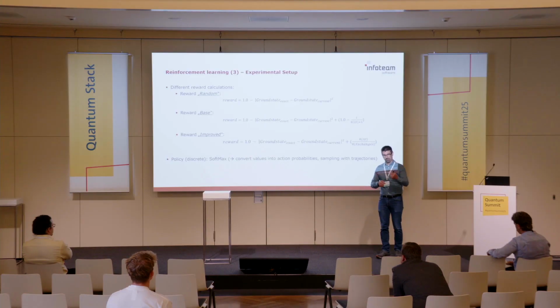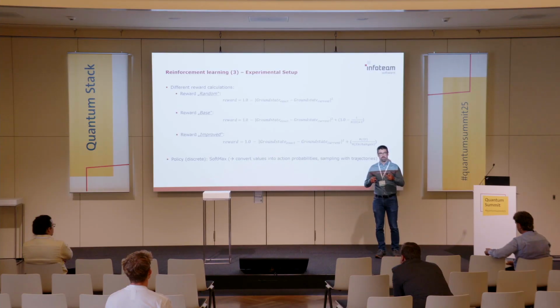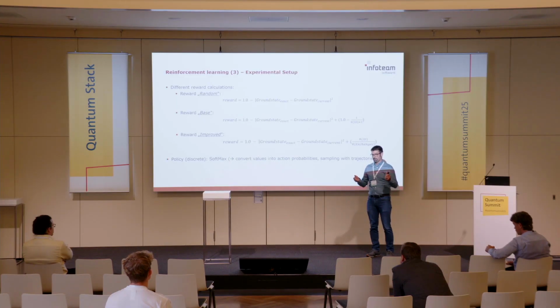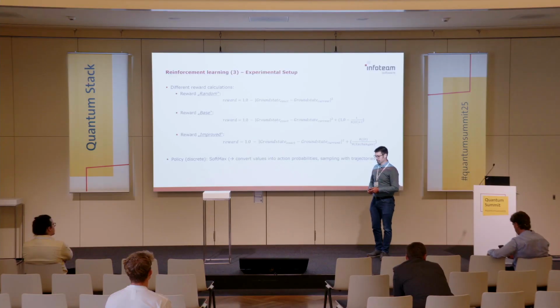So it exchanged just an already exchanged gate. So we didn't come any further. So we improved this rewarding scheme a bit to also take into account the number of exchanges. So it gets a penalty when it exchanges an ID gate with an ID gate. And as policy, we use the softmax policy so that we can directly use the values as action probabilities to take.